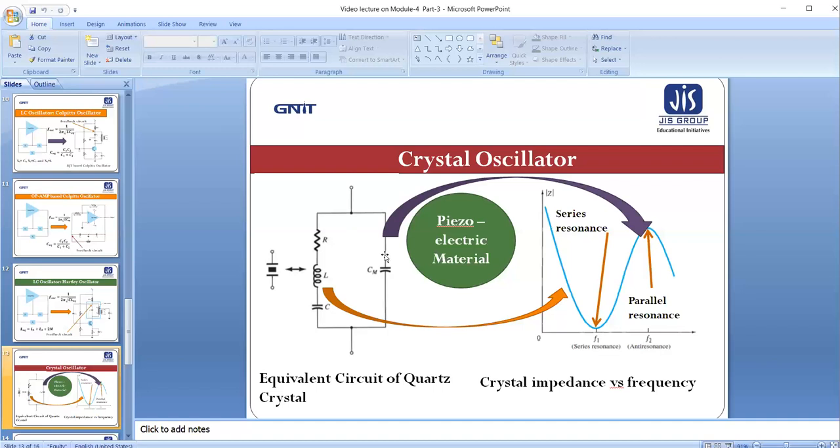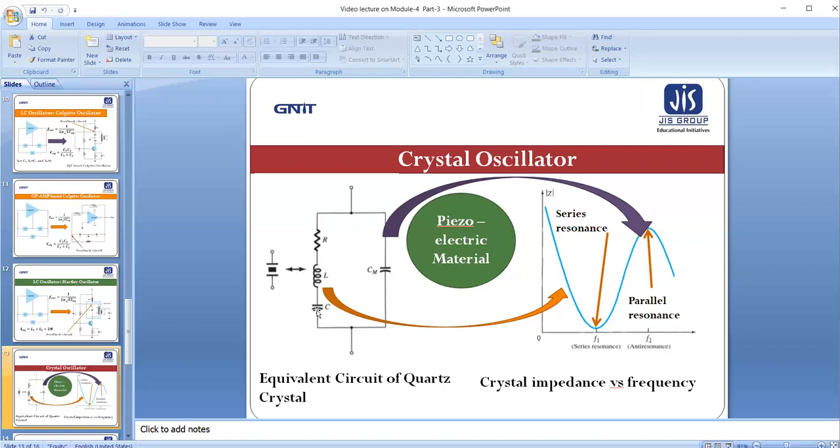Because already a parallel capacitor is involved. That depends on the mounting. If we are connecting the quartz crystal in the series position, then this capacitor does not come into play. These three series elements will produce a resonance frequency.